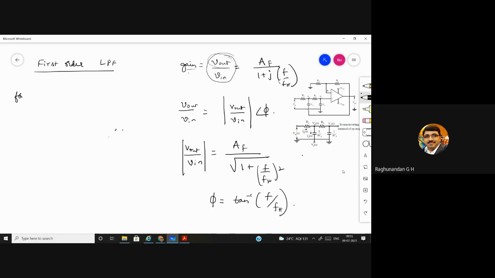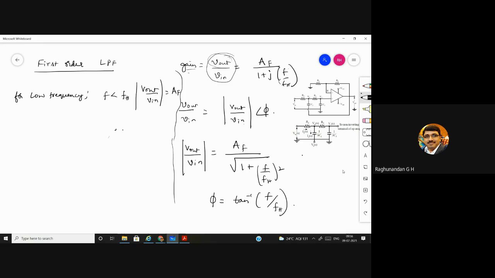For low frequency, F less than FH, V out by V in will be equal to AF. That will be the final gain of the passband filter.